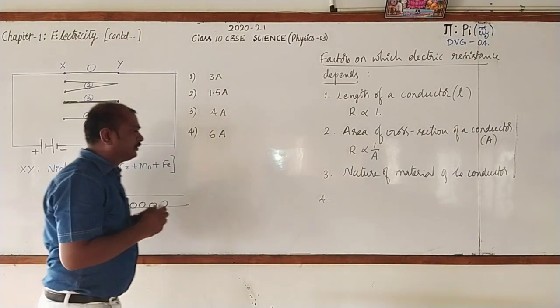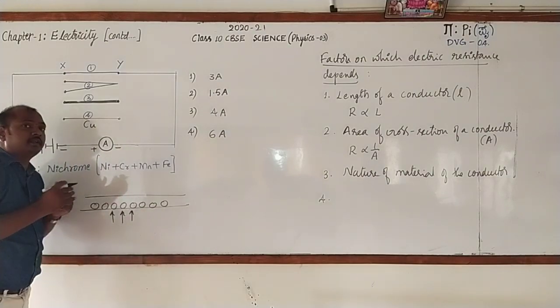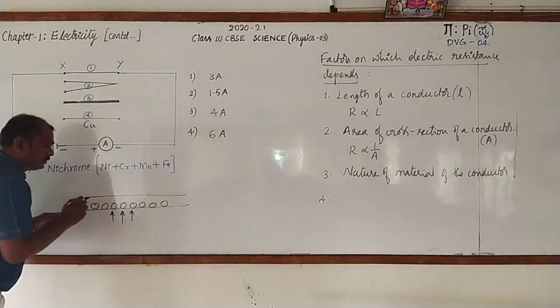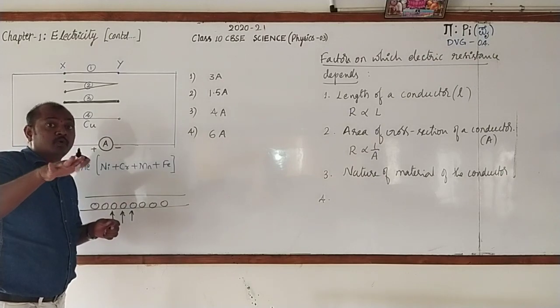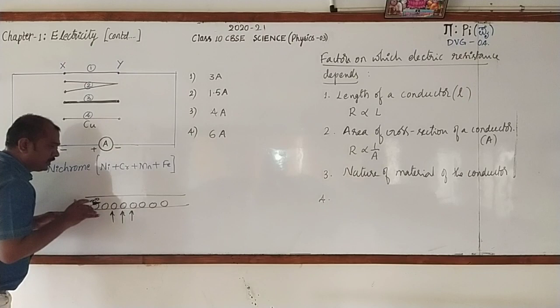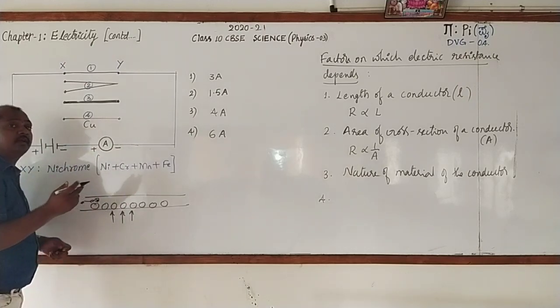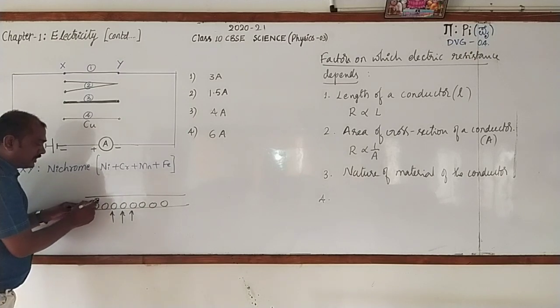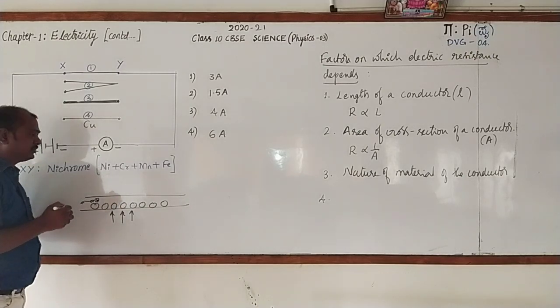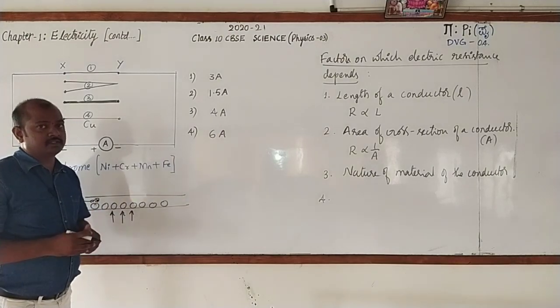Now, if the temperature of the conductor increases, what will happen? These will start vibrating more and more. Here, the electrons will be flowing. As the atoms vibrate more and more, the electrons often collide with the atoms. Due to this, resistance increases.